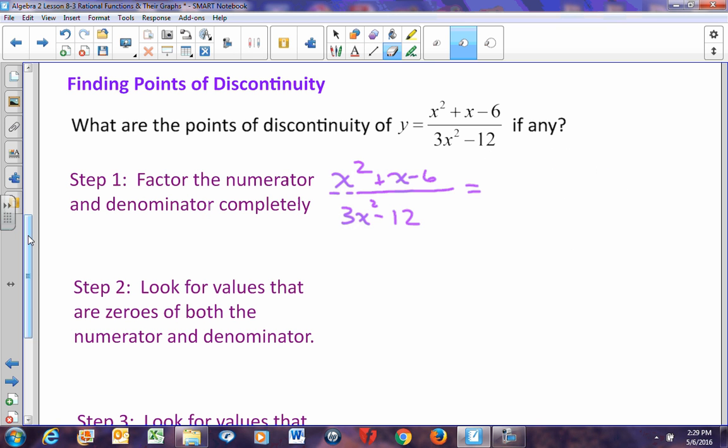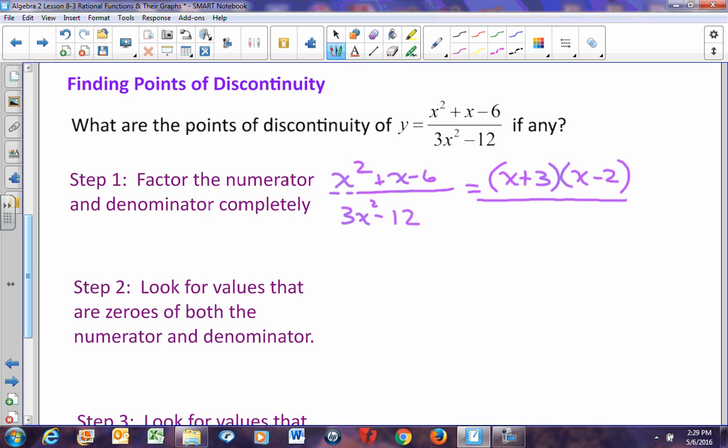That's going to factor to x plus 3 times x minus 2, because negative 2 times positive 3 is negative 6, and positive 3 plus negative 2 equals positive 1.